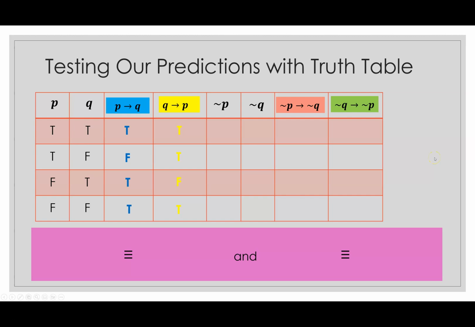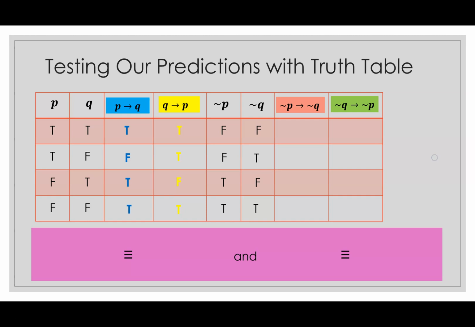All right, now let's negate P. That would be the opposite truth value of whatever the P column is. And then negate Q. That would be the opposite truth value of whatever the Q column is. Now, if not P, then not Q, we're going from left to right there.